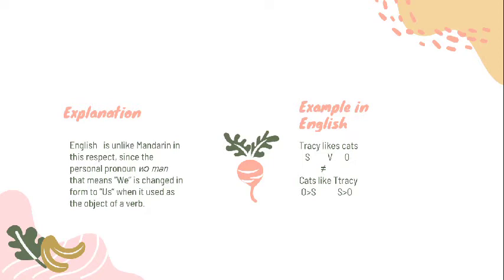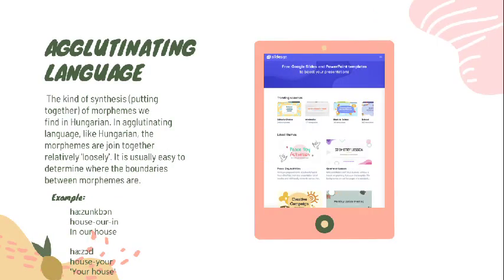Tracy is the subject, likes is the verb, cats is the object. It will be different with Mandarin Chinese, where a subject could switch to be an object, like cats like Tracy.